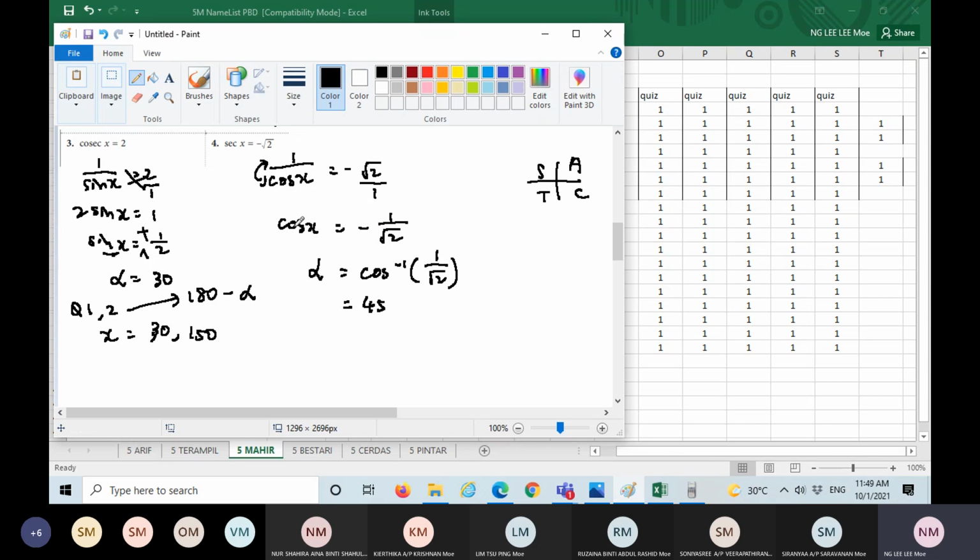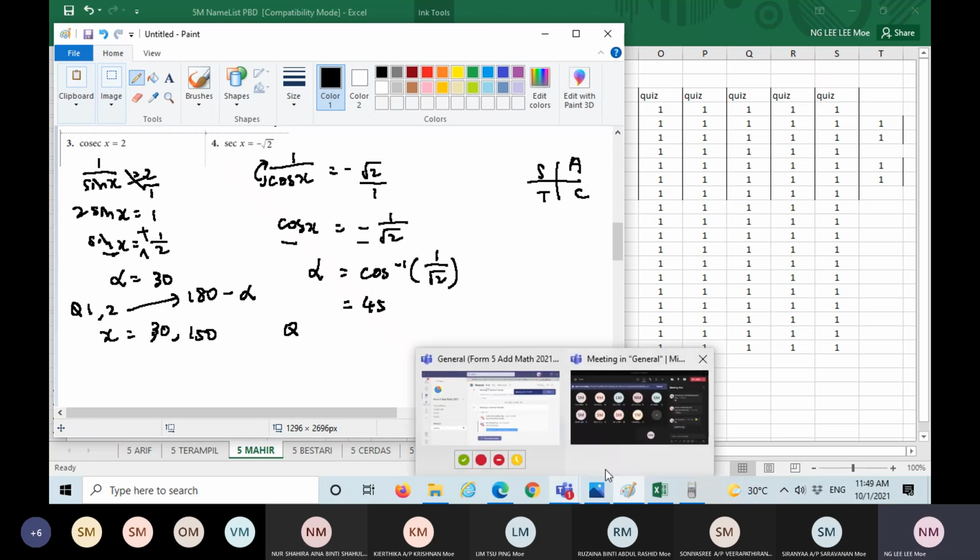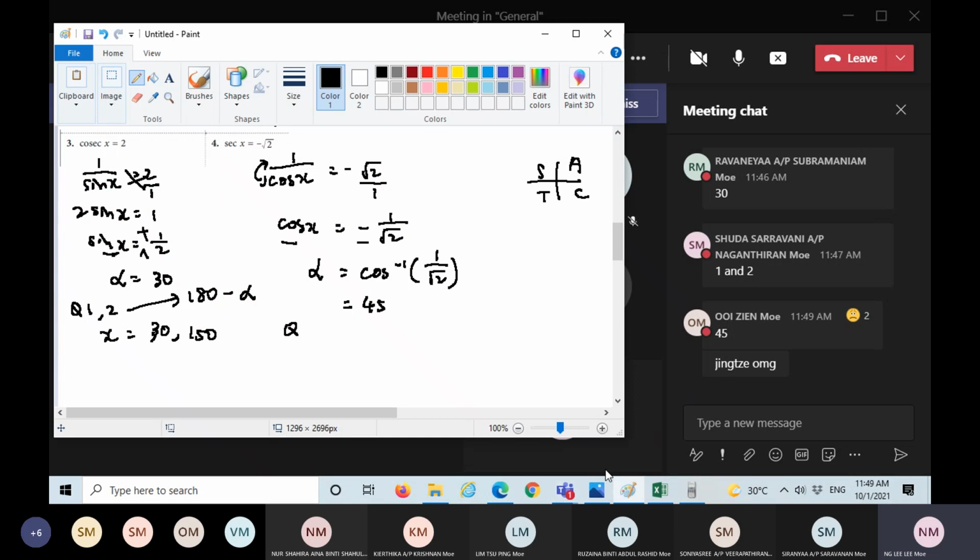Okay, Ravania, can you please tell me cos negative is in which quadrant? Is Ravania here?